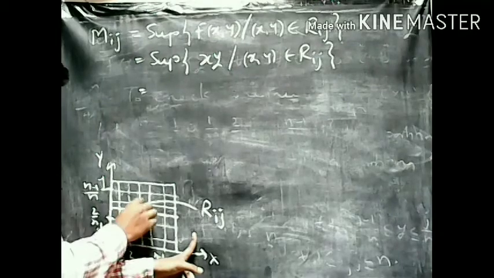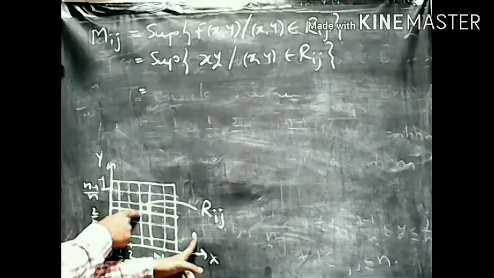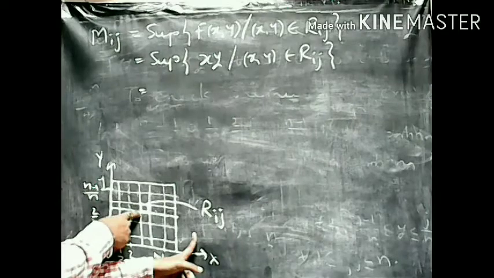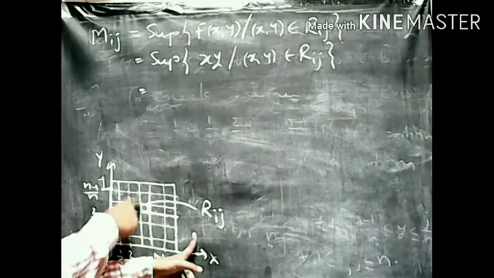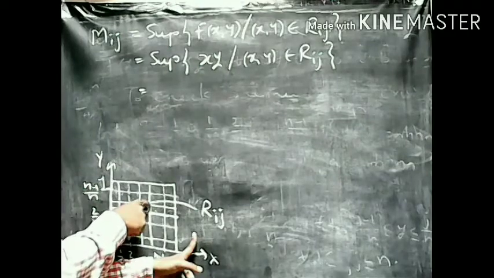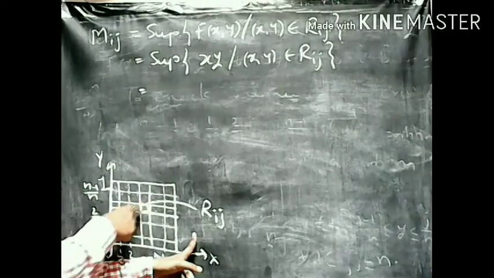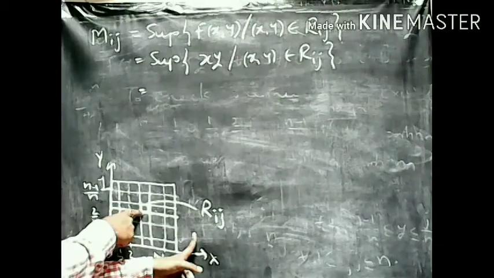So this is the rectangle Rij. At this point the product is minimum. As you increase x or increase y, the product also increases. So it is obvious the product will be highest at this end point and lowest at this end point.